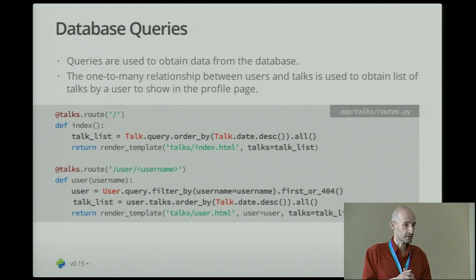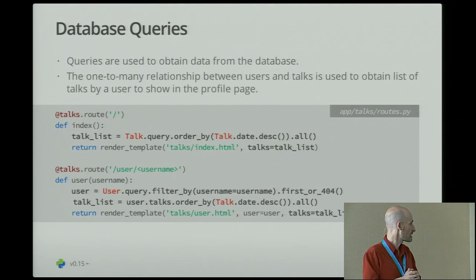So for that, we need queries. In the index page, before I was just invoking the template with no arguments, so I need to add the list of talks, and I need to send it down to the template so that the template can render them.